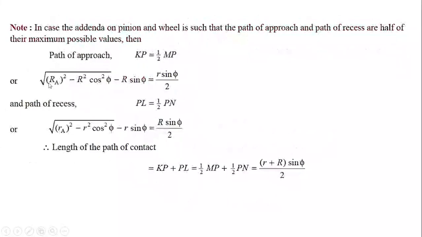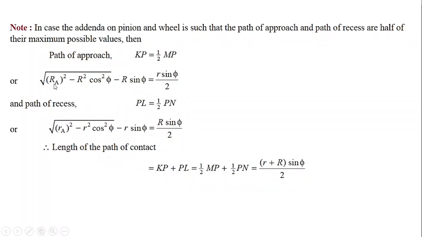The next note: in case the addendum of the pinion and wheel is such that the path of approach and path of recess are half of the maximum possible value, it means the path of approach KP is half of MP.